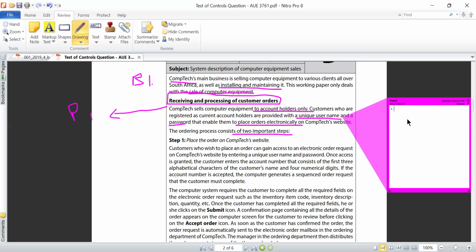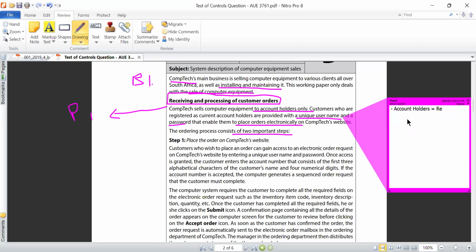So number one, they mentioned something about account holders. Being an account holder, you need to have what? There's something about a unique, a current, okay, you need to be registered.